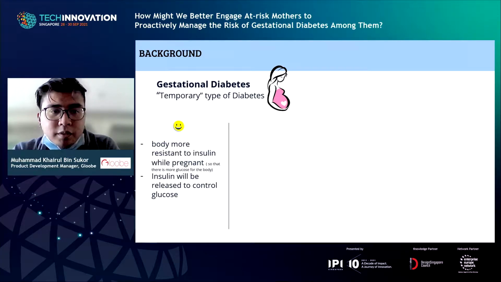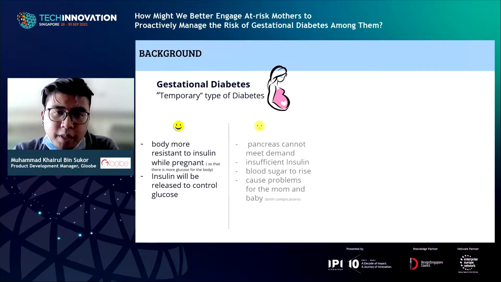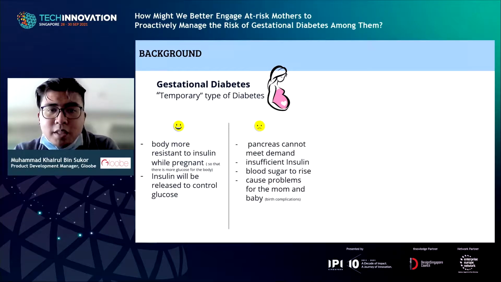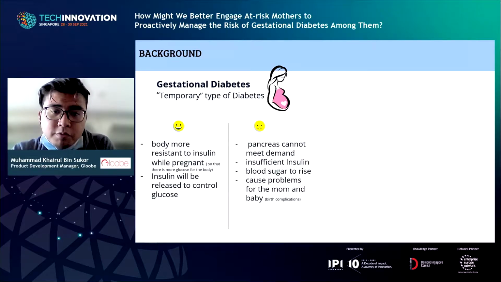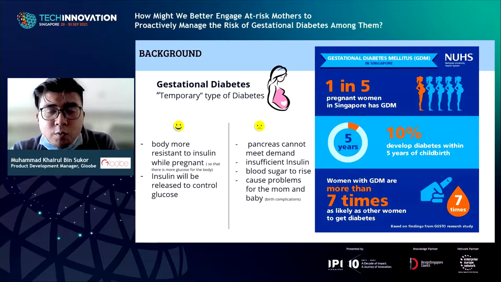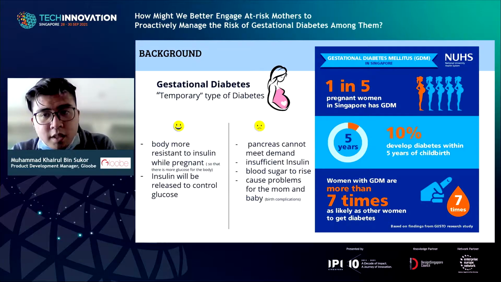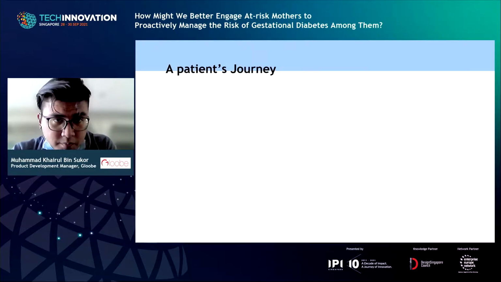Insulin will be released to control the glucose, but in a situation where the pancreas cannot meet the demand, there's insufficient insulin, and there will be an increase in blood sugar, which will cause a problem for both the mom and the baby. The problem in Singapore is that 1 in 5 pregnant ladies will have a tendency to have GDM, and 10% of them will develop diabetes after 5 years.